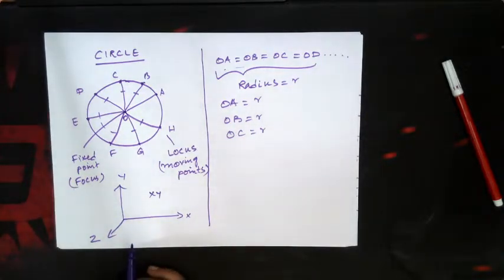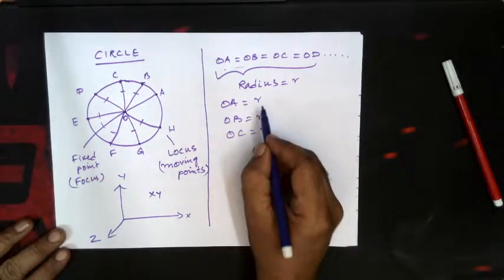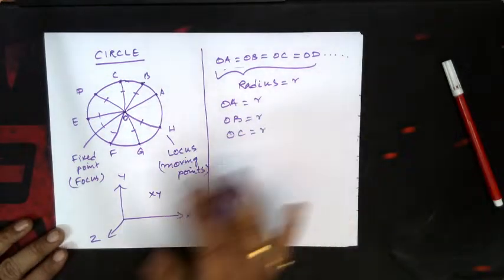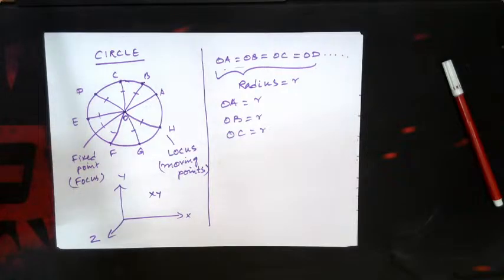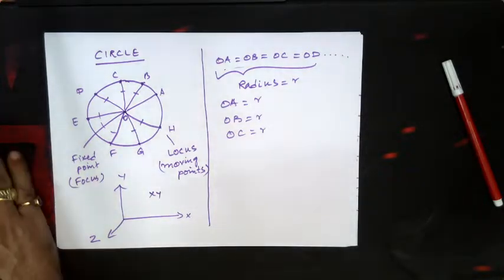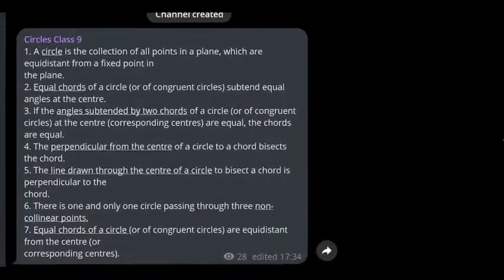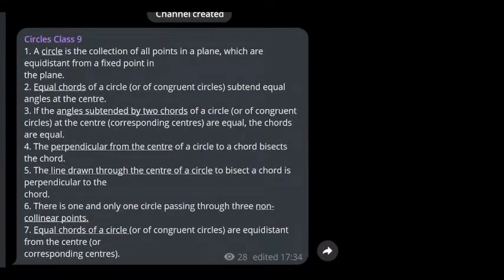So we have now some idea about the circle. Now let us move to the next point. Equal chords of a circle.